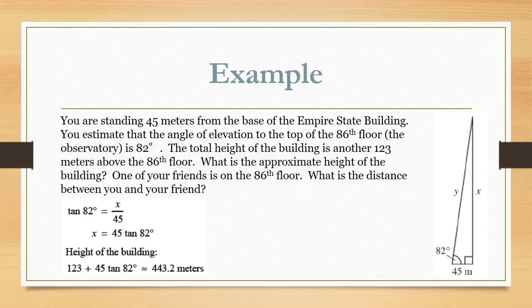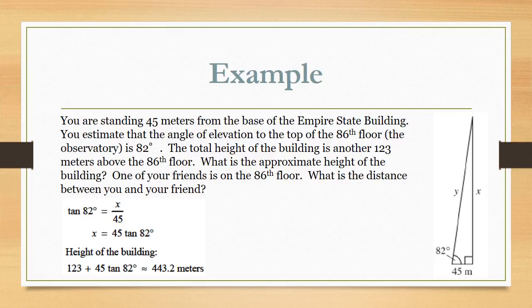So multiply both sides by 45 and we get X equals 45 tangent of 82 degrees. Now that's just the distance to the 86th floor. The building continues another 123 meters above that, so we're going to add 123 meters to that, and putting it in the calculator we get 443.2 meters for the height of the building.